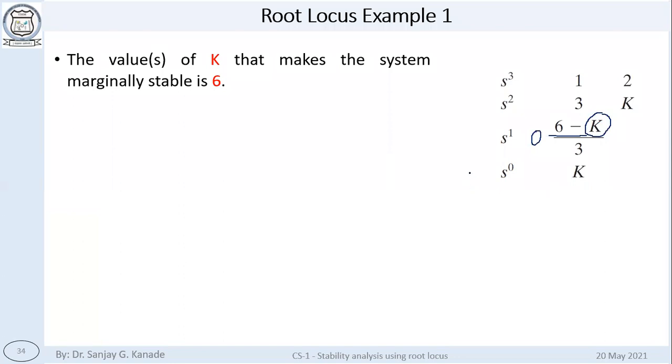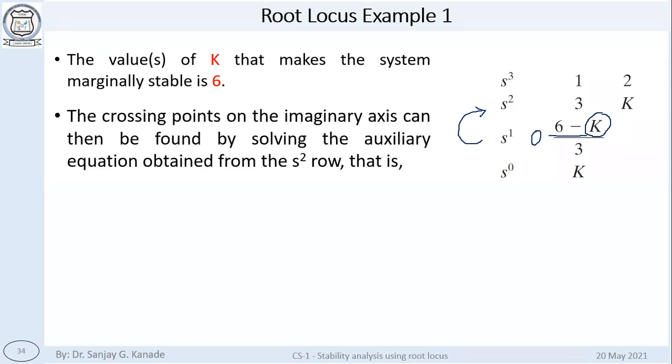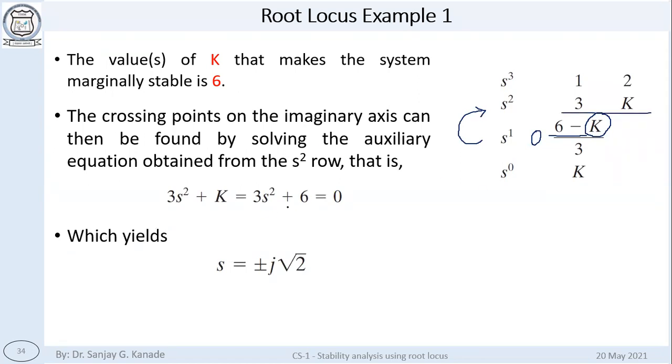And using this value of k, we create the auxiliary polynomial from the row above the row of zeros. So what is the auxiliary polynomial? 3s squared plus k, with k equal to 6.